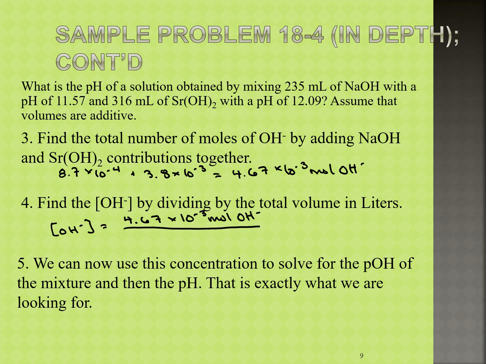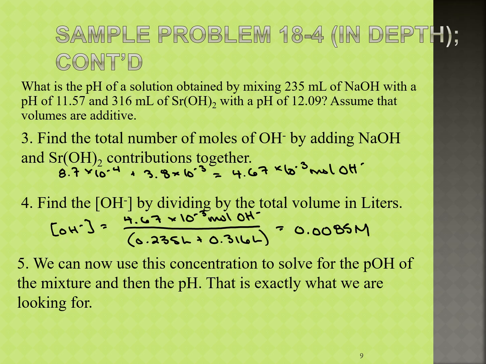We mix two solutions together, and so when we mix these two solutions, we have a total volume of them. We had our 0.235 liters and our 0.316 liters. So we end up with the molarity of OH being 0.0085.